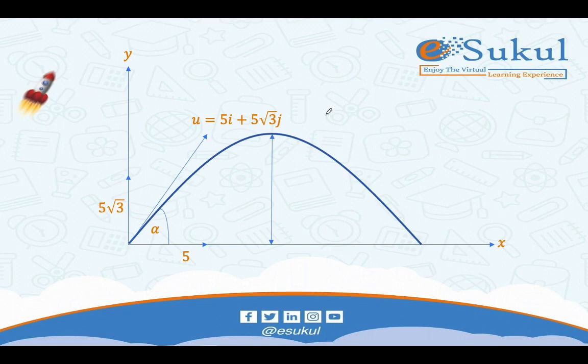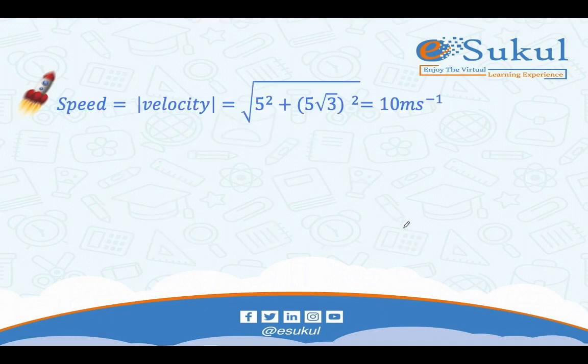As you can see on the figure, we have the direction angle alpha to the horizontal, and we have the initial velocity. When we resolve, we have 5 and then we have 5√3 for the other component. So again, to get our value, we need to first know the speed. We have the magnitude of the velocity, which will give us 10 meters per second.